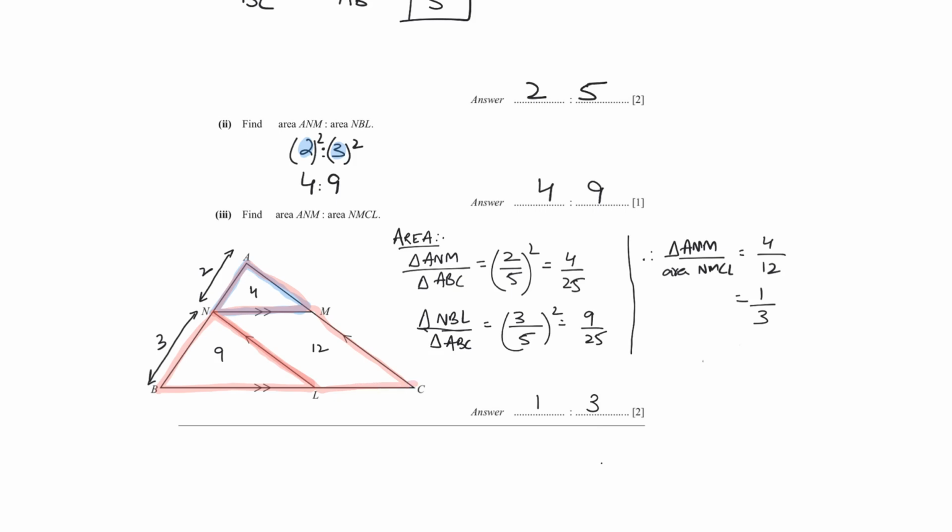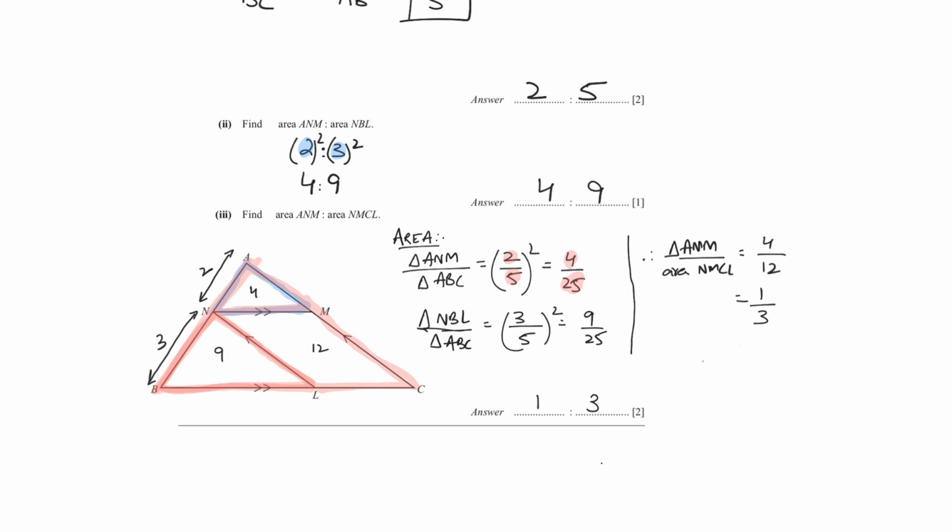So the way you go about this part is, you first find the ratio of the area of ANM and ABC. These two triangles are similar, so the ratio of the areas must be equal to the ratio of the squares of the sides. The corresponding sides are AN and AB. The side AN is 2 and the side AB is 2 plus 3, 5. The ratio is 2 over 5. The area's ratio would be 4 over 25.